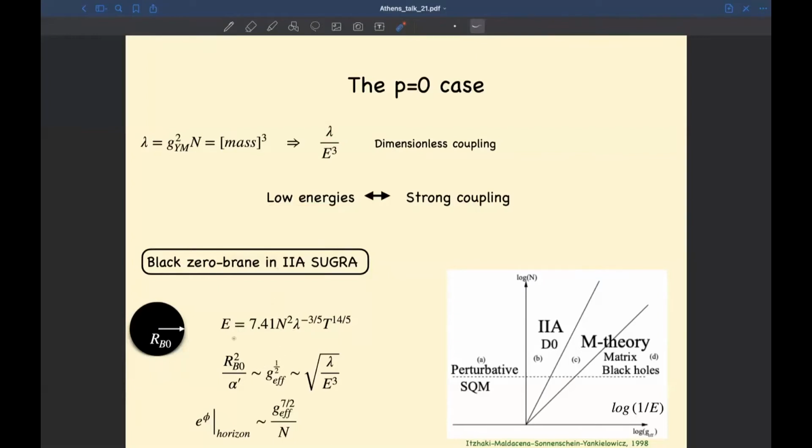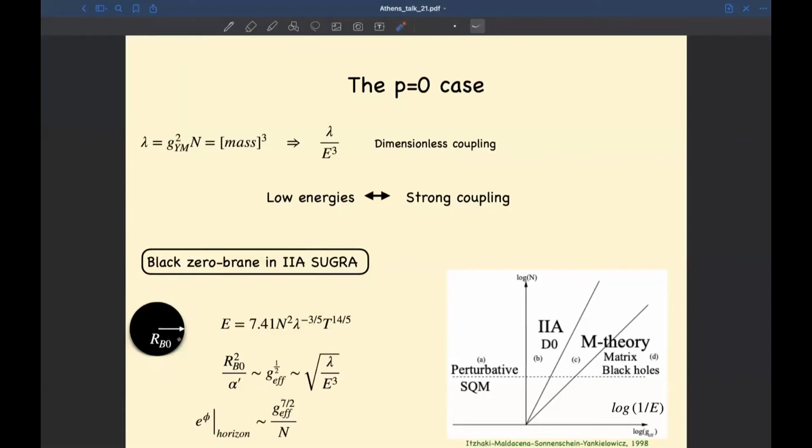The scaling of the energy of this particular geometry is like this. You see there are some funny powers here, because the coupling has dimensions of mass cubed. And the temperature here is the Hawking temperature of this black 0 brane.